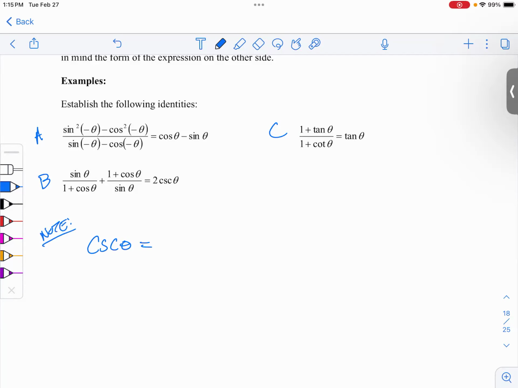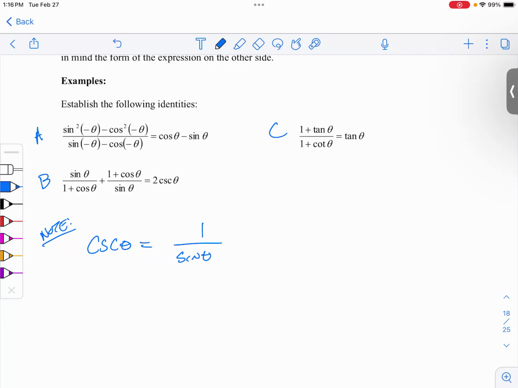What does cosecant become? 1 over sine. That's how we graph it. Right? How do you graph cosecant? You have to graph sine first because it's the reciprocal. The reciprocal identities are the most important. In our phrase, SOHCAHTOA, what are the 3 trigonometric functions in it?